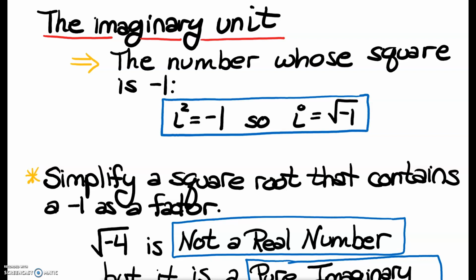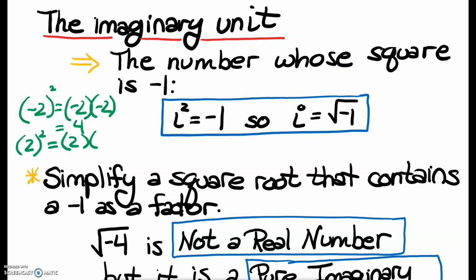We know in our real number system that if we square, let's just say, -2, squaring a negative number means multiplying it twice. A negative times a negative is a positive. If we square +2, 2 times 2 is 4.